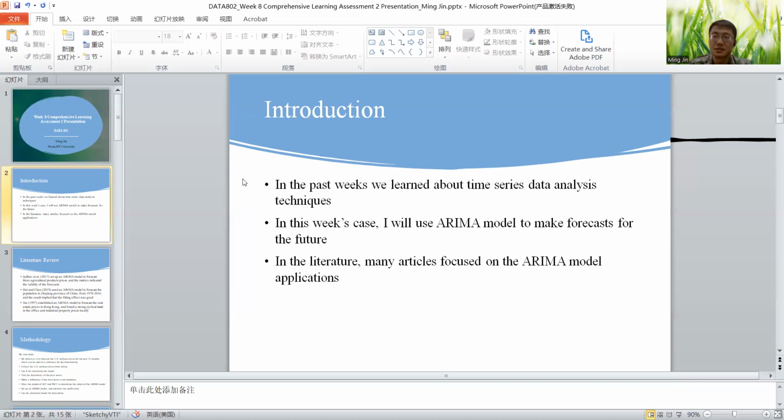In the past, many scholars published many papers in the literature, and many of them focused on ARIMA model applications. ARIMA is a widely used statistical model in time series analysis.